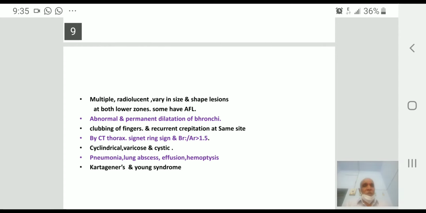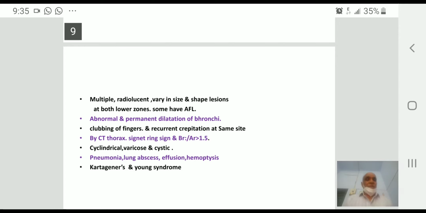Now the definition of bronchiectasis. This is abnormal and permanent dilatation of the medium and small size bronchi. On clinical examination, there is clubbing of the fingers and recurrent crepitations at the same site.